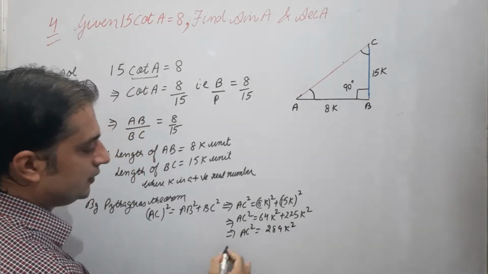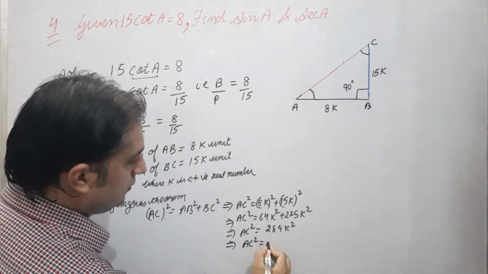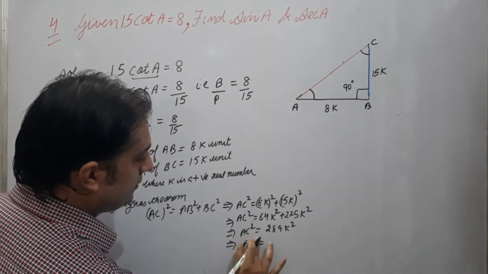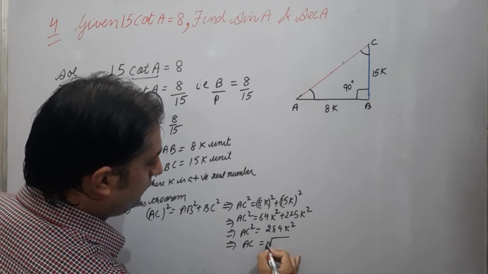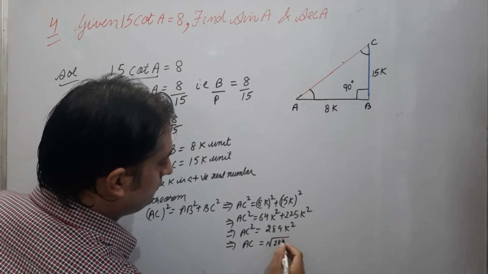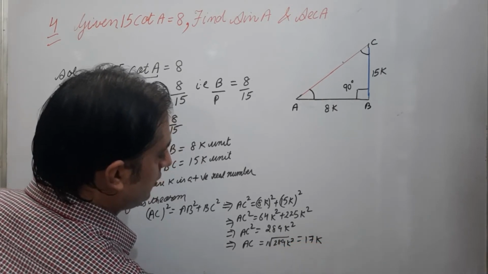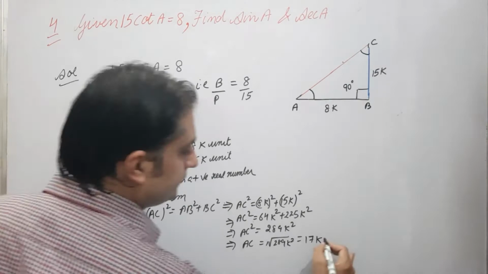So AC is equal to root of 289k square, which becomes 17k. This is the length of the third side.